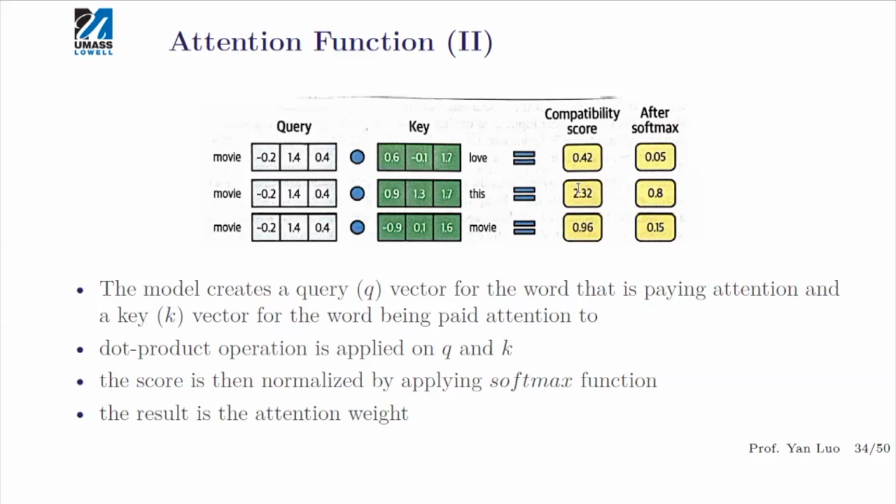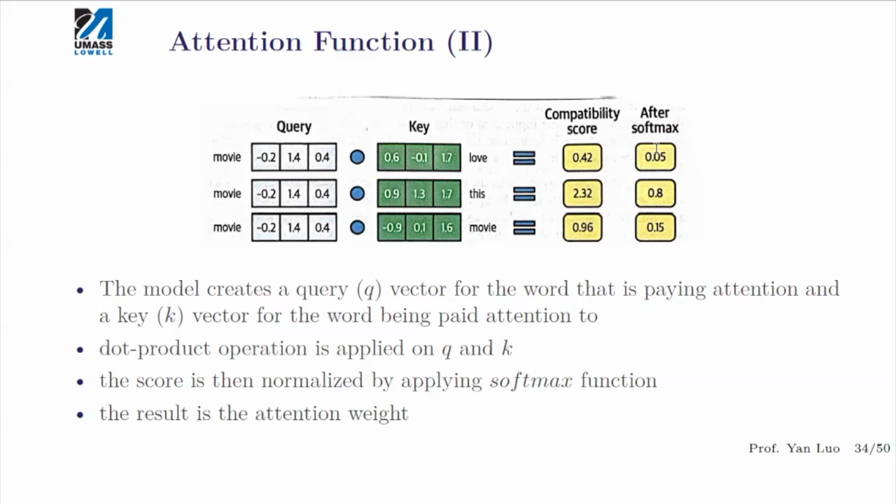So we have these compatibility scores. These scores are just numerical values. We will then apply the so-called softmax function. The softmax function essentially takes a sequence of these values, uses the exponential function, does the summation, and divides by the sum to generate the corresponding number.